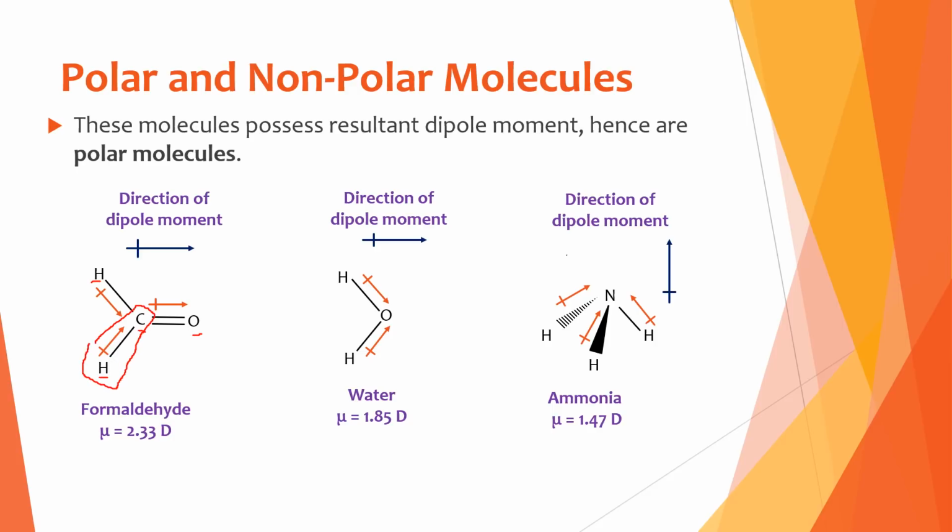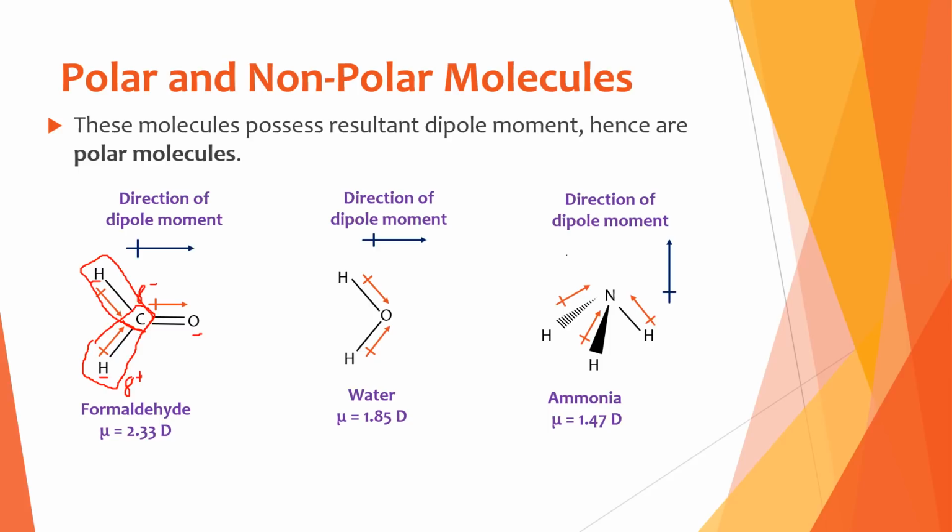This is because hydrogen is less electronegative than carbon. So carbon will become partially negative while hydrogen will become partially positive. The movement of the dipole moment for carbon and hydrogen comes from hydrogen towards the carbon.